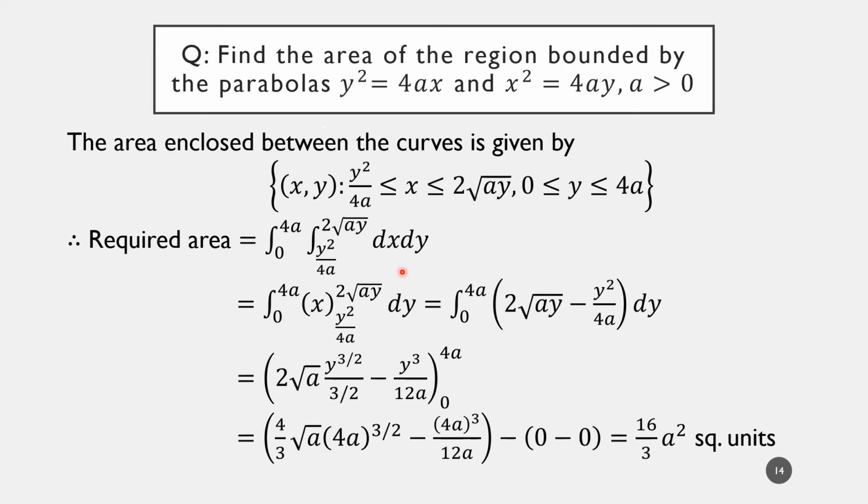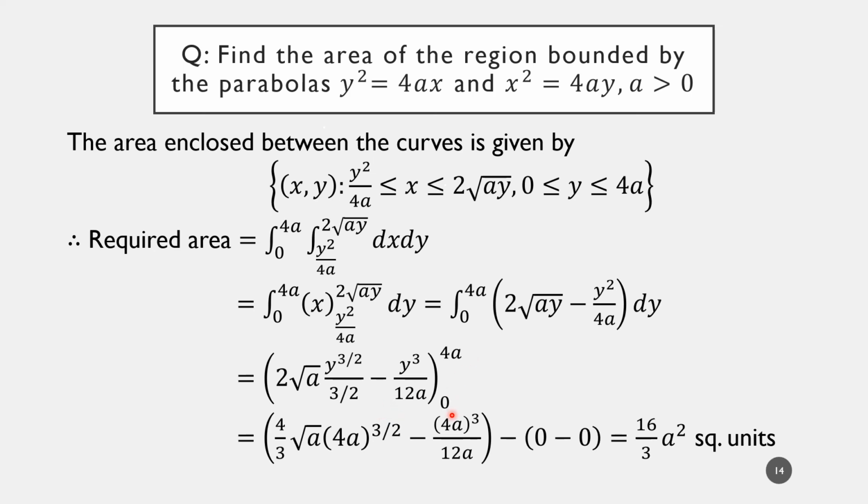So this time I am integrating 1 firstly with respect to x and then with respect to y. So we have x and the required limits are there. After substituting the limits, I have to integrate it with respect to y, which is similar to the previous one that we have solved.